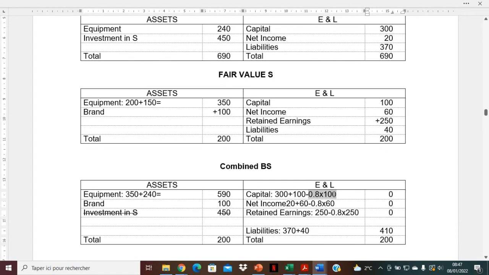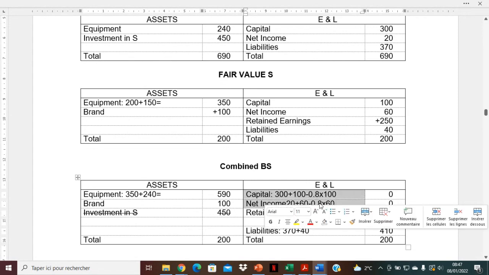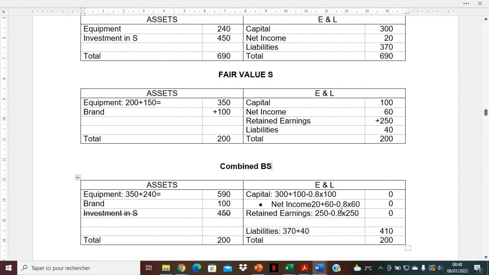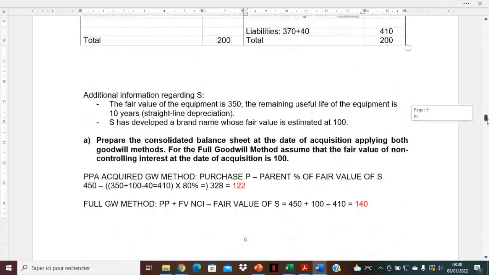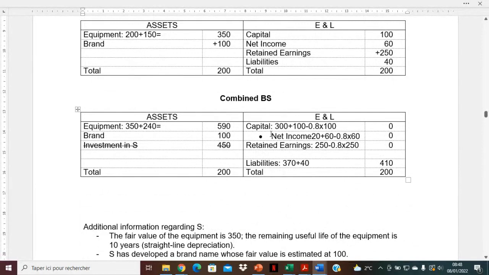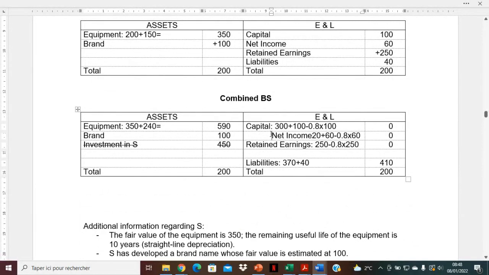So when I do 80% of 100 plus 80% of 60 plus 80% of 250, if I add up all this, what do I get? Well, I get what we calculated here. That is 328. So basically, by deducting these amounts, I deduct 328.